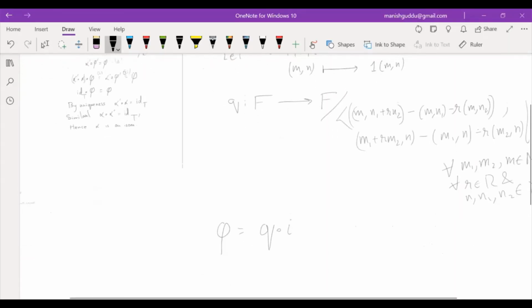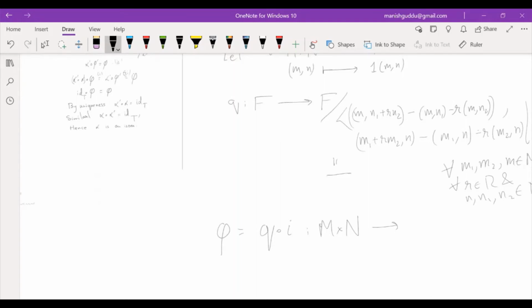So this is our phi, and this is a map from M cross N to this module. We really want to give this module a name because this is going to be our tensor product.